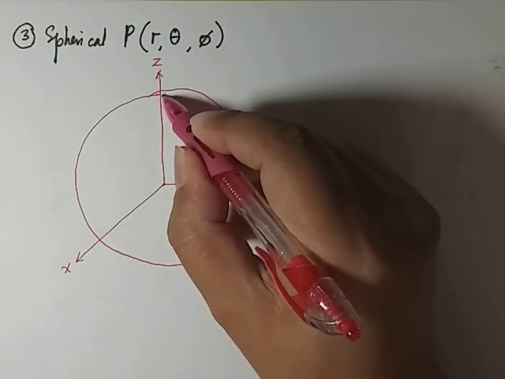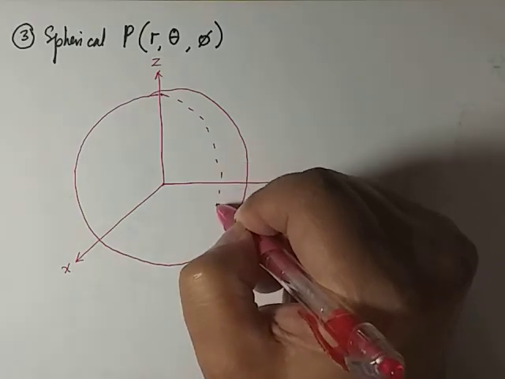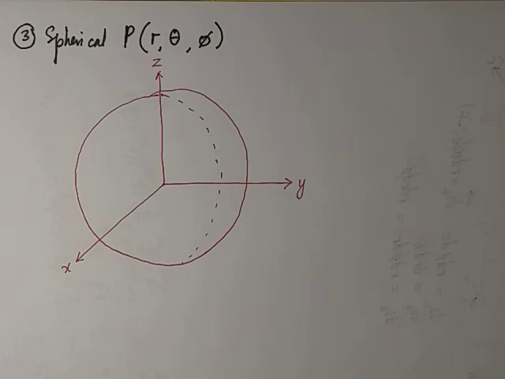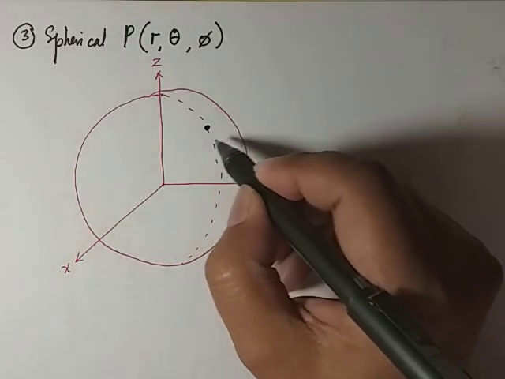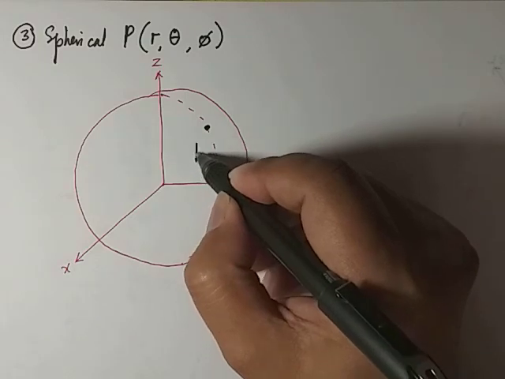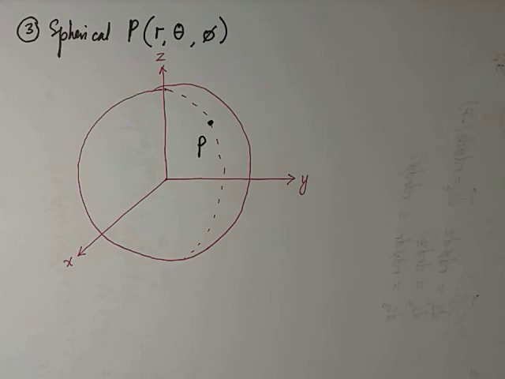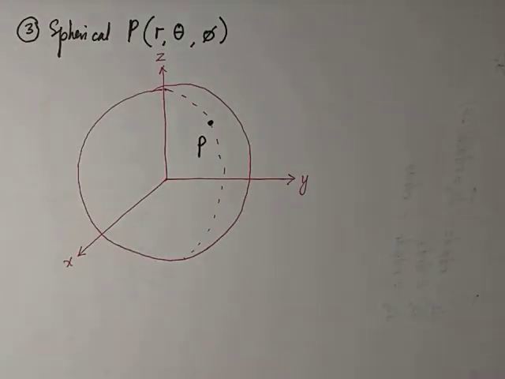I'm going to draw a longitudinal line on the surface of our sphere here. So the point P is going to be located at this position. So it is exactly the same as what we have shown in the Cartesian as well as in the cylindrical. So let's define the r with regards to the diagram here.